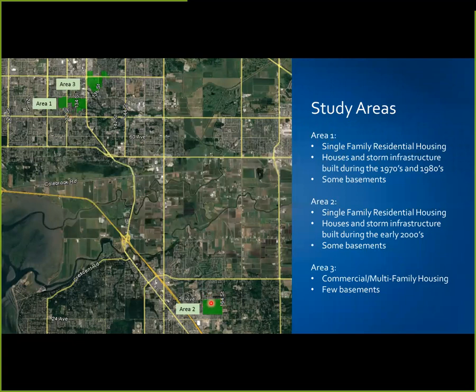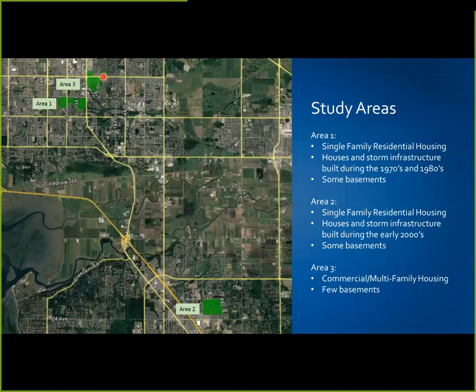Area 2 is located over here. That is predominantly a new residential development area built to current standards. And they have a few basements, a few parkades, and that sort of thing. And then there's Area 3, which is located really close to Area 1. And that is a commercial multifamily housing area that's been redeveloping over the last 20 to 30 years.